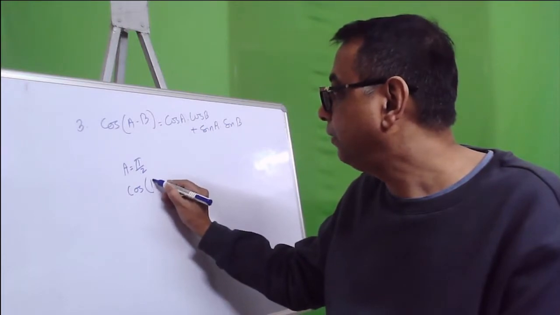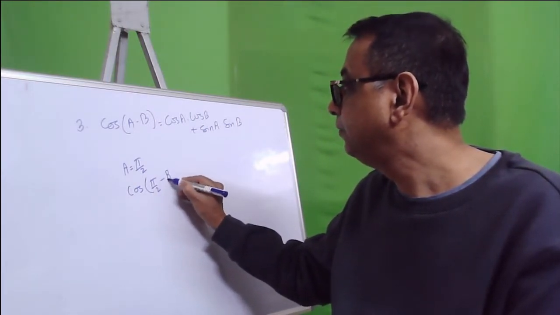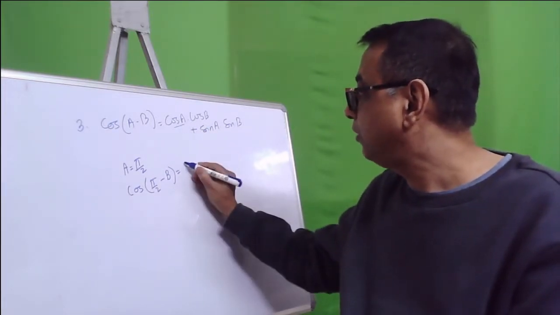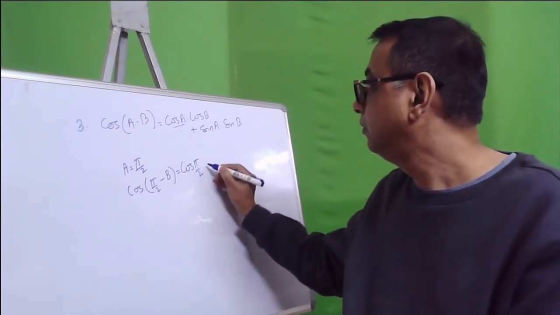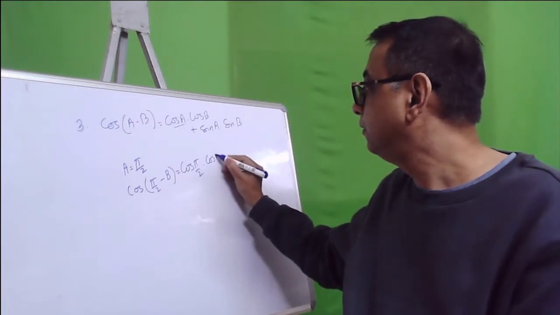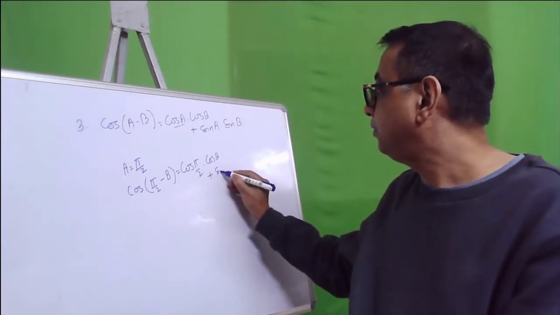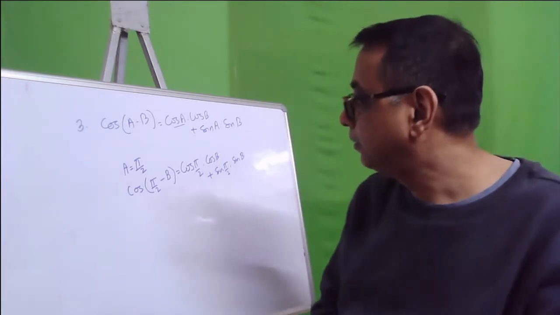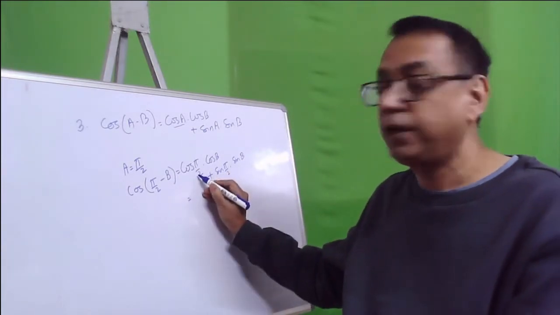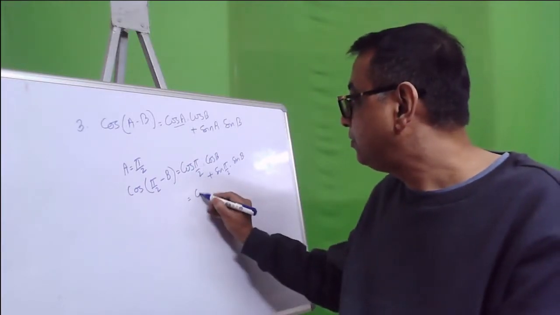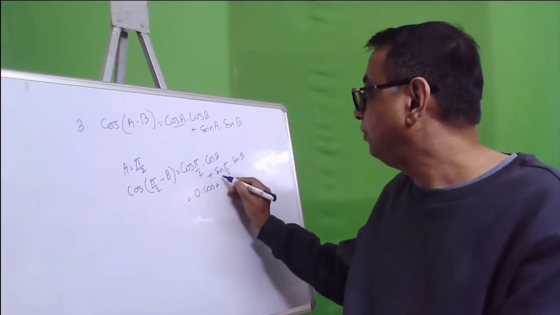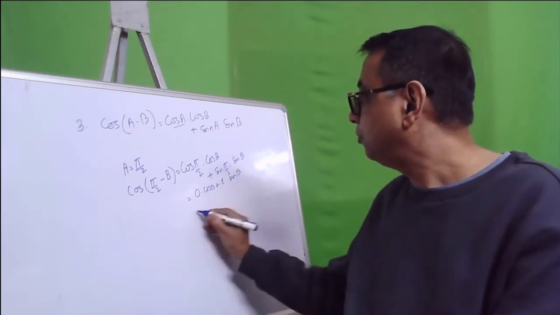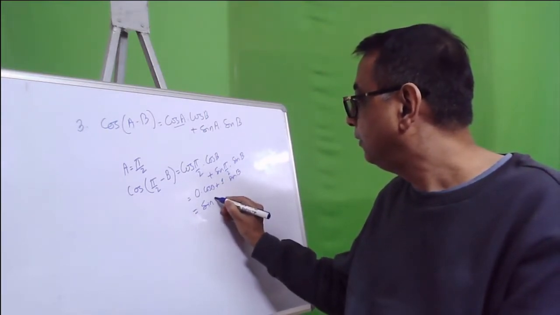Cos pi by 2 minus B. A is replaced by pi by 2, so cos A will be cos pi by 2 into cos B, right, and sin pi by 2 into sin B. Now, as you know, cos pi by 2 is 0, so this will be 0 into cos B, and we know sin pi by 2 is equal to 1, so this will become 1 into sin B. So it will become sin B.